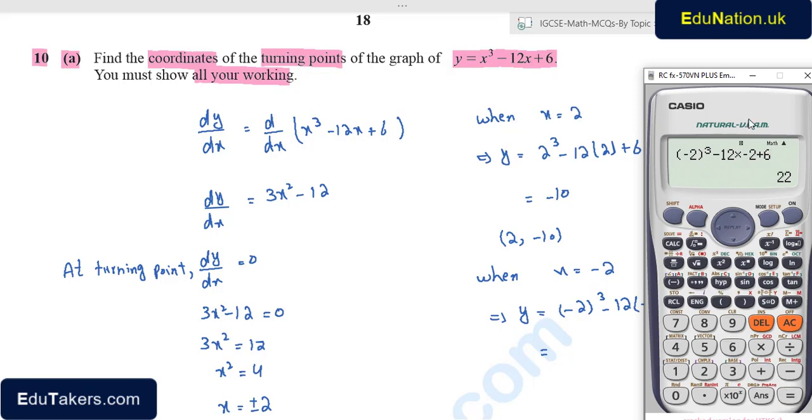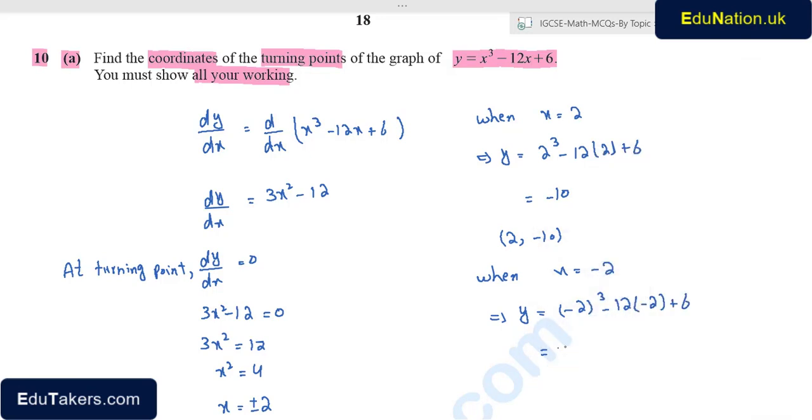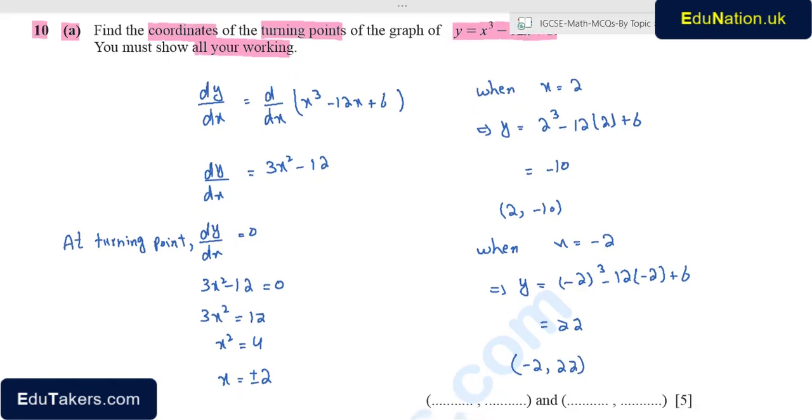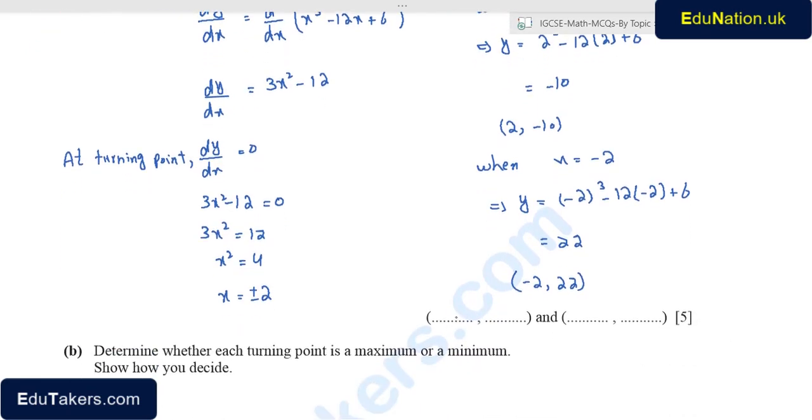This is 22. So coordinates for this point are minus 2, 22. So 2, minus 10 and minus 2, 22.